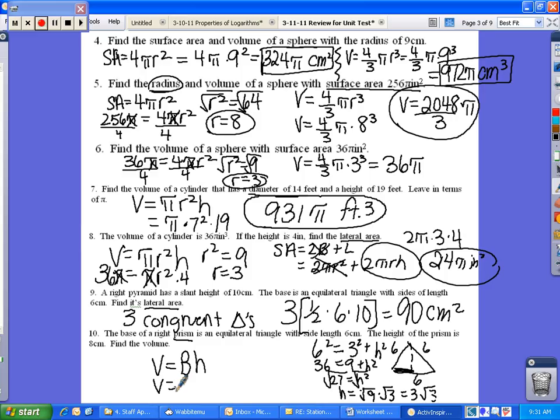So the area of that triangle is half times 6, which is the whole length of the base, times 3 root 3. So see, half times 3 root 3 times 6. And then the height of the prism is 8 centimeters. So that's what you're going to put in the volume formula, the height of the prism. So now I'm going to simplify half times 3 times 6 times 8, which is 72 times root 3 centimeters cubed.